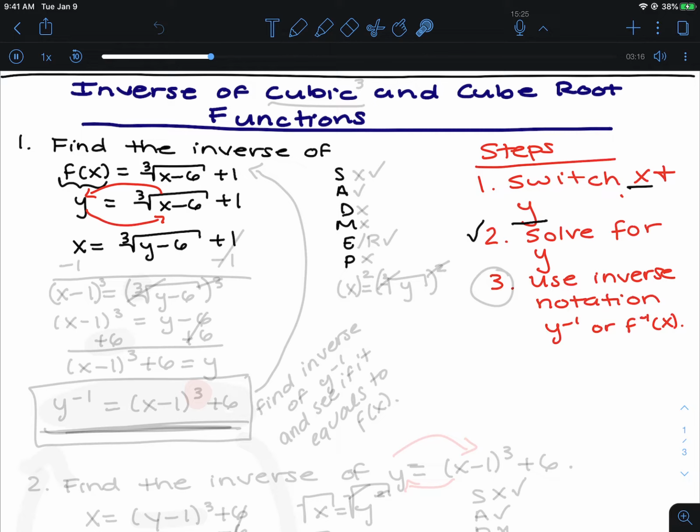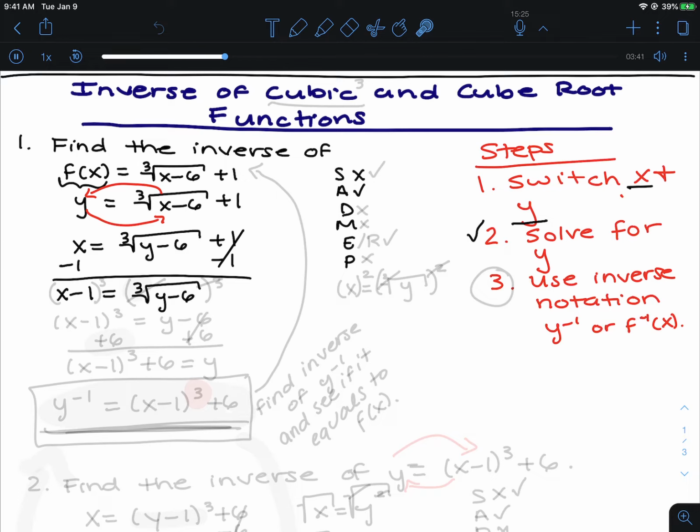But it's inside of the radical, so I don't actually want to do anything with the subtraction yet. So I have addition, yes. How do I get rid of addition? The opposite of it, which is subtraction. So now I'm going to subtract this one to the other side. This cancels out. Now I'm left with x minus 1 equals the cube root of y minus 6.